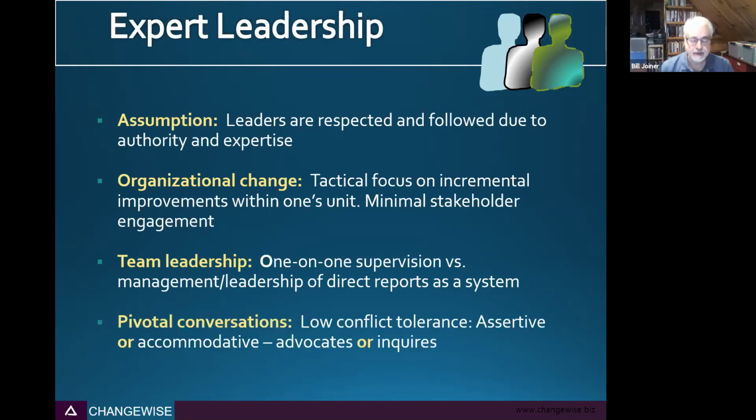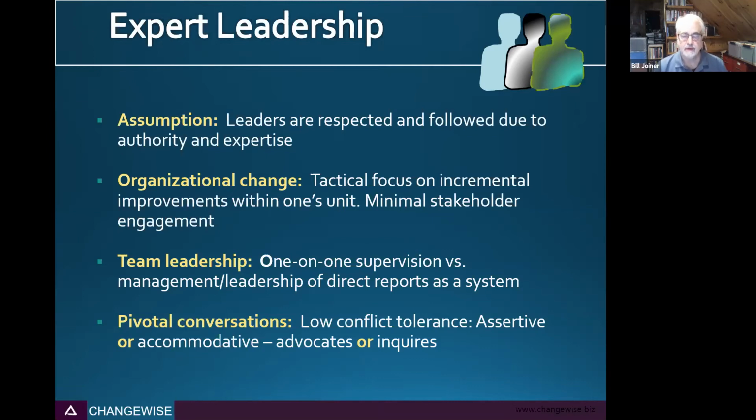And pivotal conversations, these are conversations where two people have different views, but they have to resolve them. What we find is that expert leaders tend to be either highly assertive in these conversations, kind of overpower the other person to resolve the conflict, or accommodative, meaning they will at least outwardly accede to what the other person wants to do.